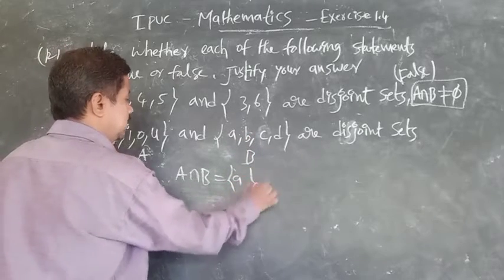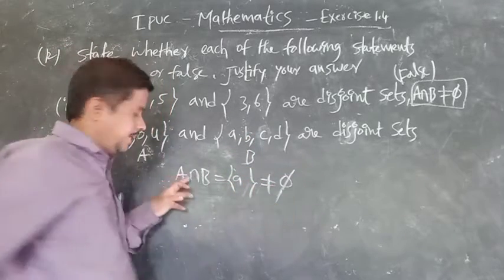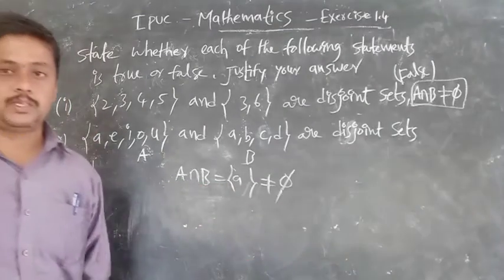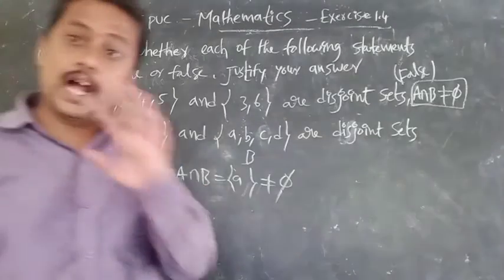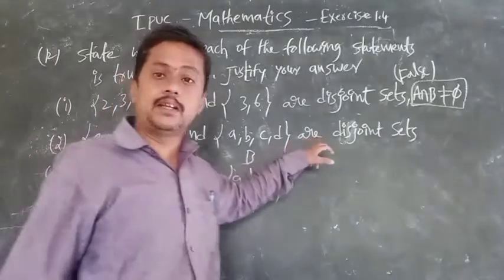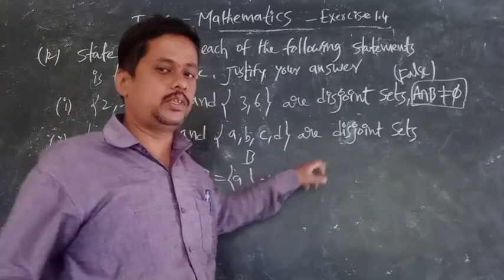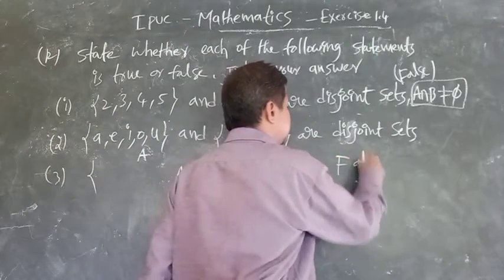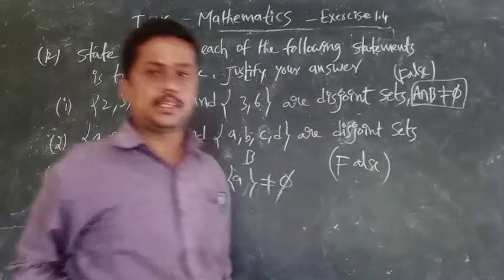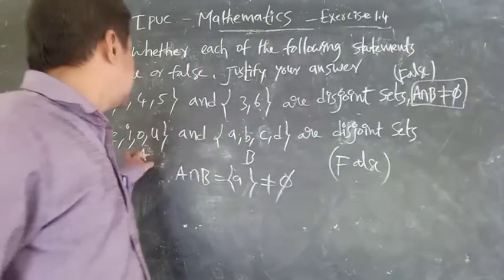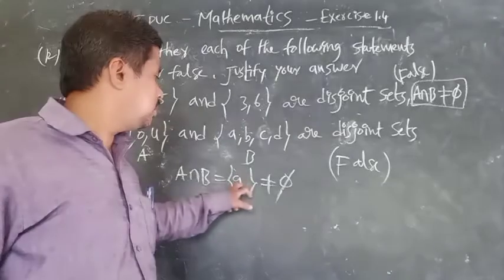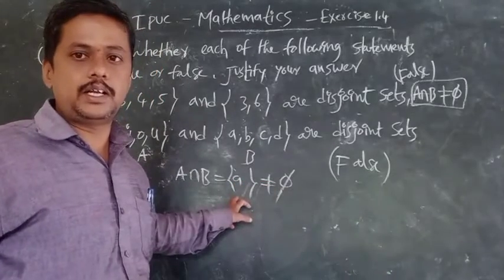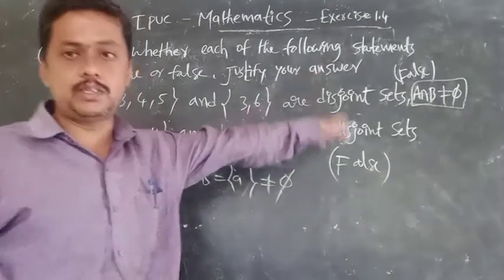So A intersection B is not equal to phi, which means they are not disjoint sets. But disjoint sets is given. Therefore this is also false, because its intersection is not equal to phi. Understood or not? First one is false, second one also false.